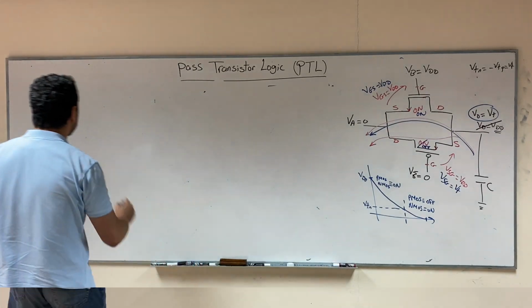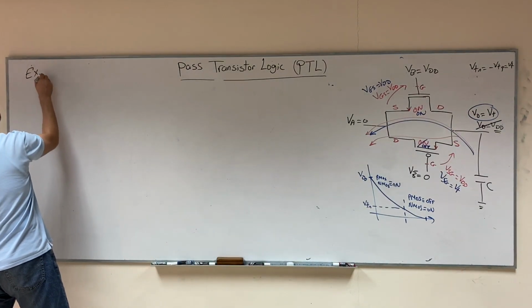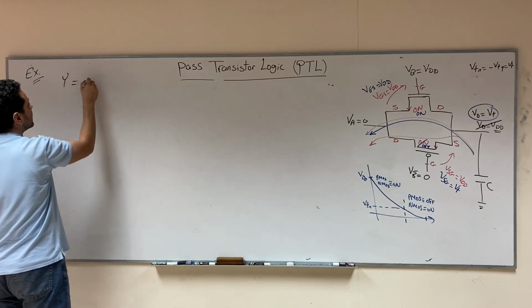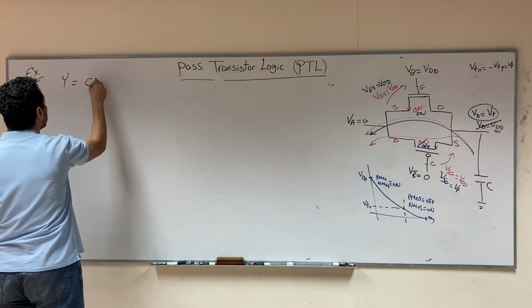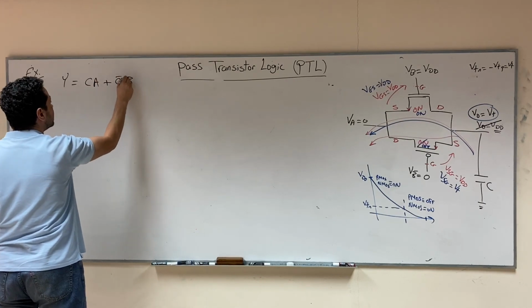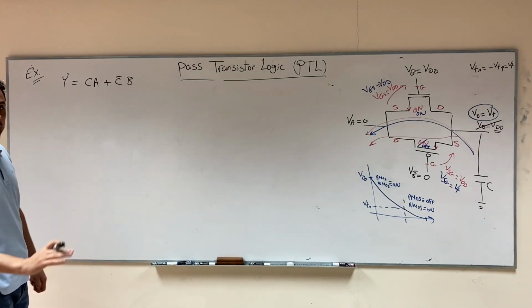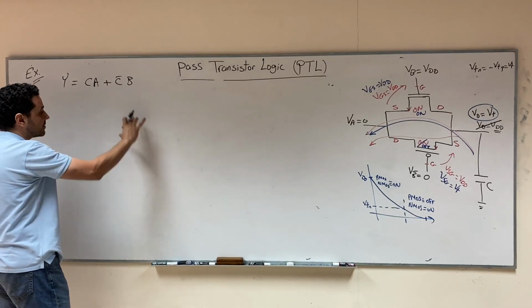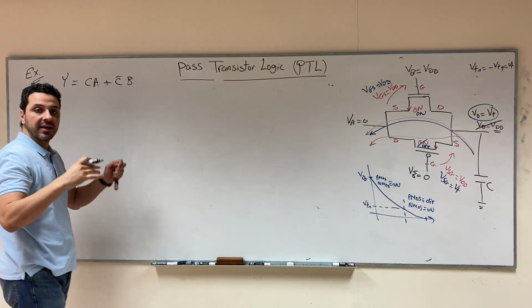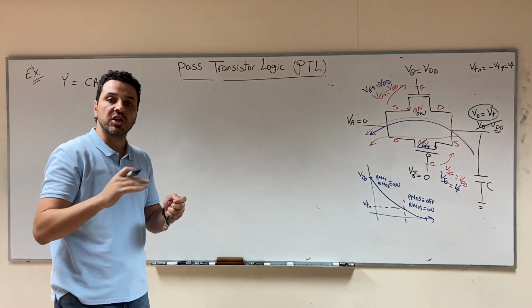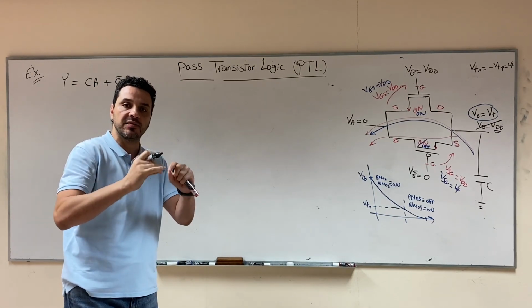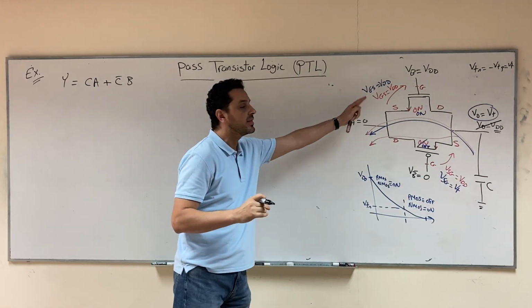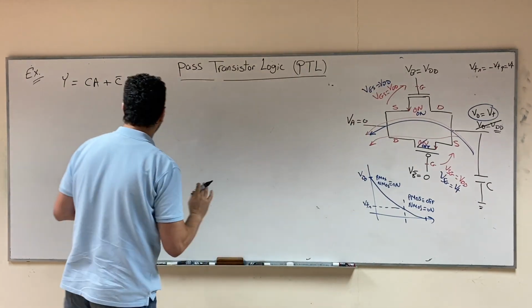If we want to implement a logic function y equals C A or C bar B, I suggest you start by drawing the configuration using switches without any transistors, and then you replace every switch with a transmission gate that consists of n-mos and p-mos transistors.